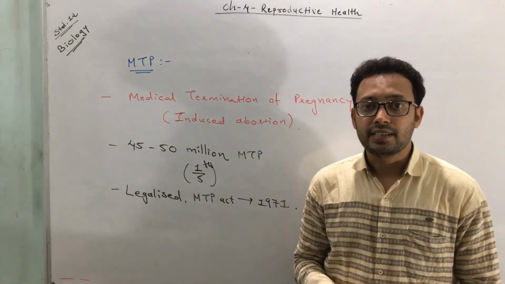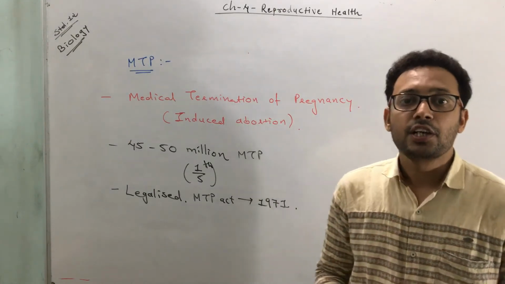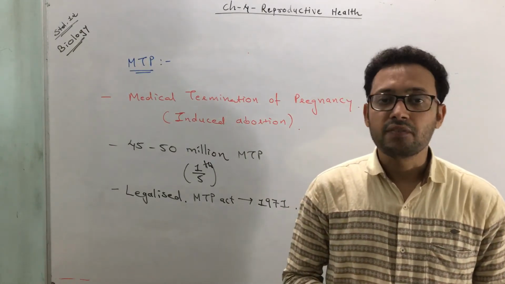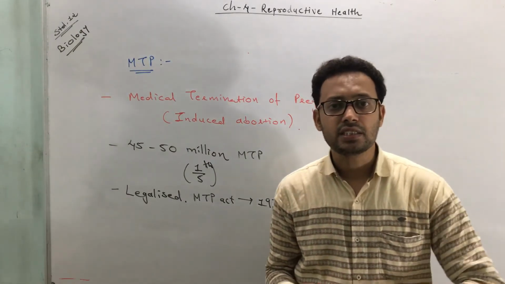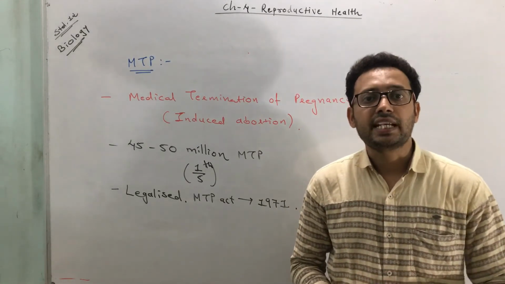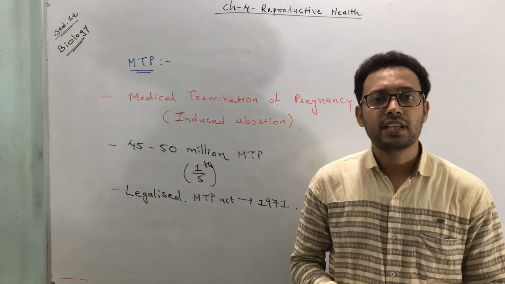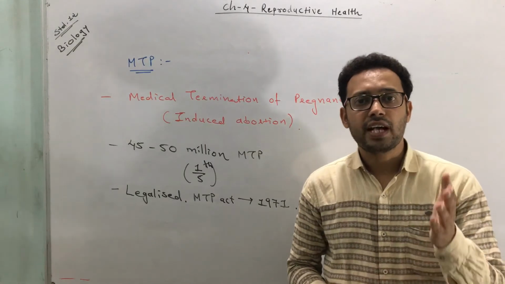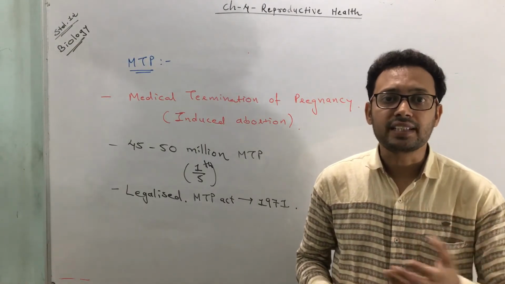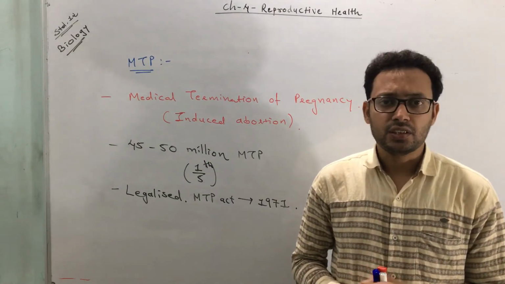According to this strict implementation, no one can even check the sex of a baby. We have a technique called amniocentesis and an instrument called USG, through which the sex of a baby can be determined, because at the end of the first trimester, at the end of 12 weeks or 3 months, the genital organ appears, and that is very clearly seen through sonography.